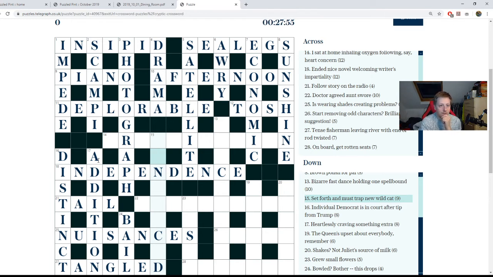New wild cat for anagram. One too many letters there, unfortunately. Wildcat is 7, so that. Jedline thinks it must end in CED, probably because set forth is in past. A wildcat is an ounce.